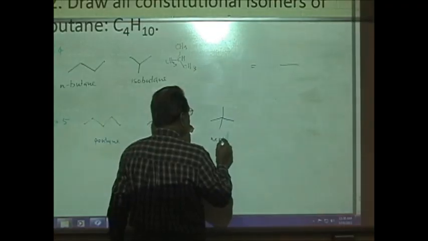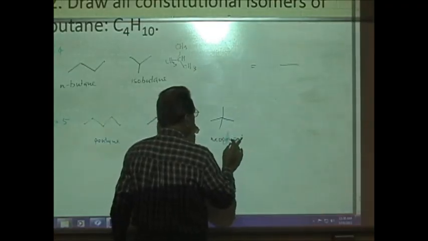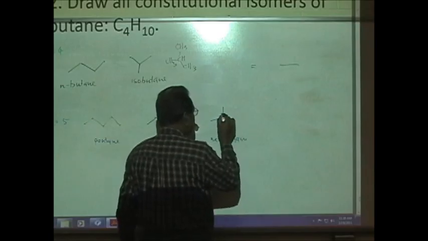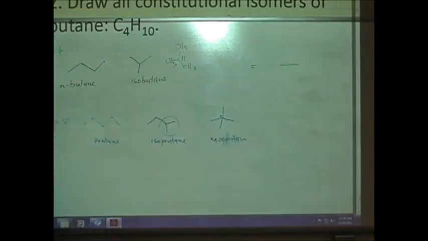Now remember I talked about this, neopentane, that this carbon atom is a quaternary carbon atom, right? All right, so now we should be able to do 6 also. 2, 3, 5, 9. The 5, 9 is next. Okay, can you draw 5?